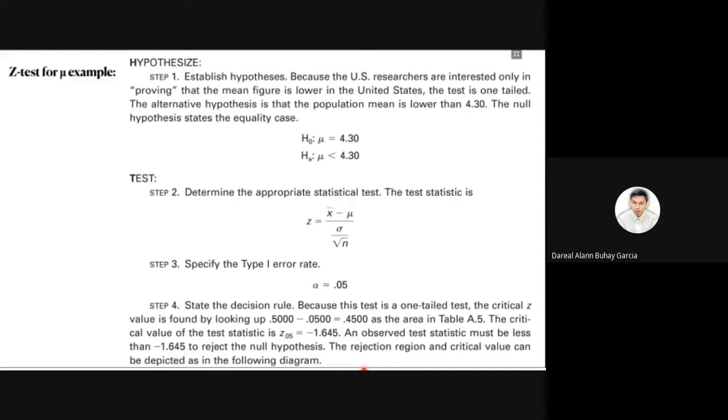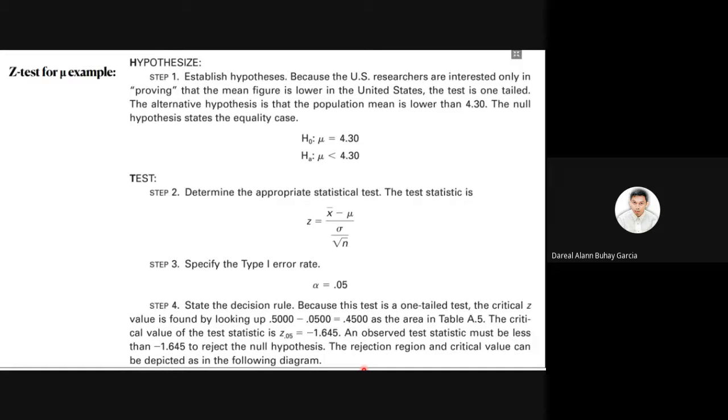Because this test is a one-tailed test, the critical z value is found by looking up 0.45. So where did we get 0.45? Subtract 0.05, which is our alpha, from 0.5. Why 0.5?